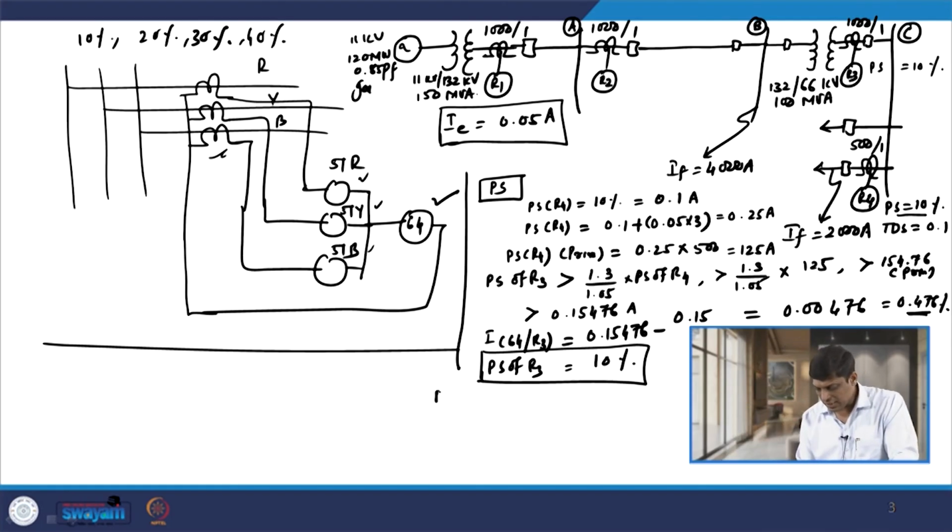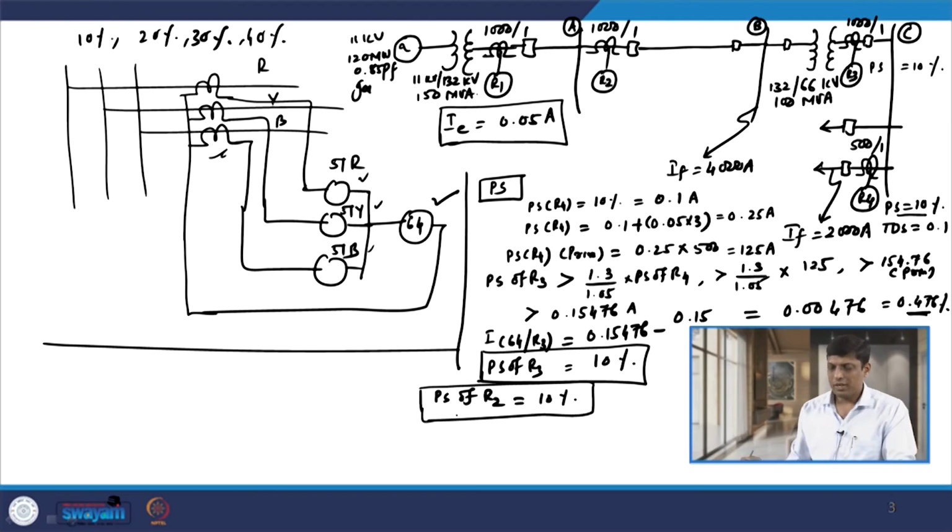So, in this case I can consider the plug setting of relay R2 as 10%, same as R3. We can even set a lower value if a lower range is available. So, we have already decided the plug setting of R2, that is 10%.